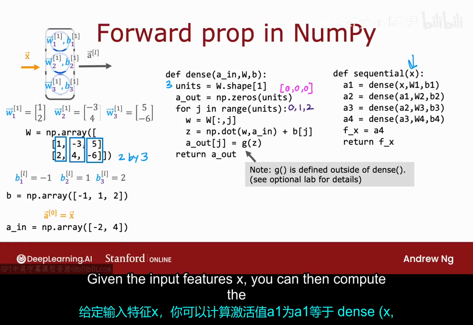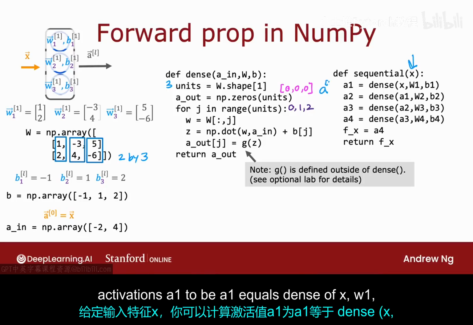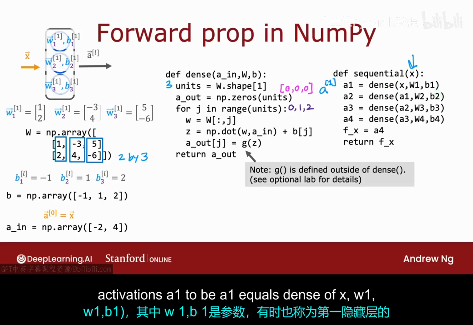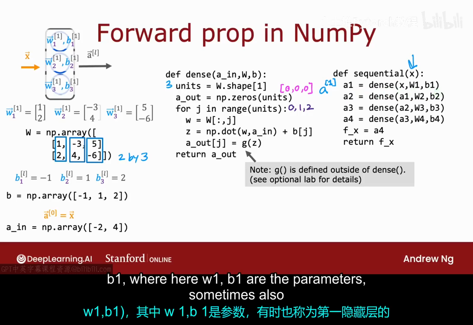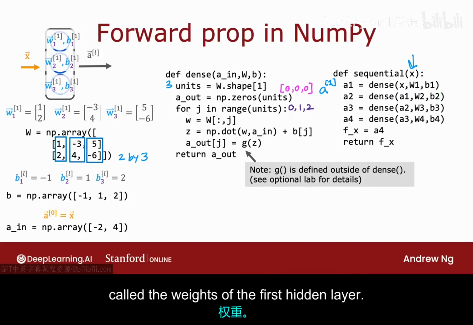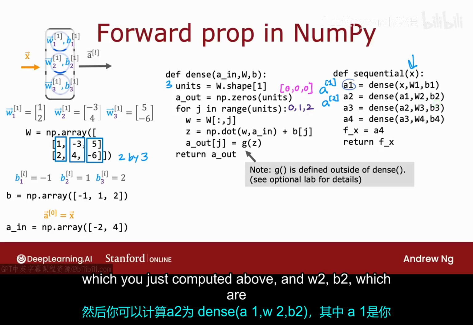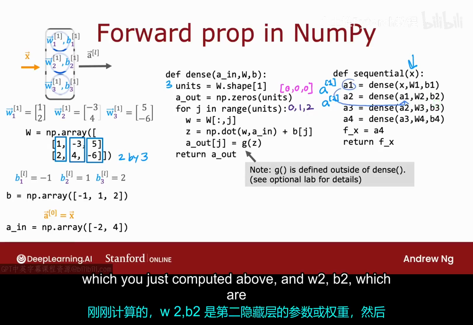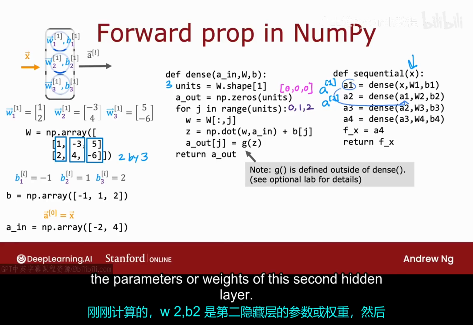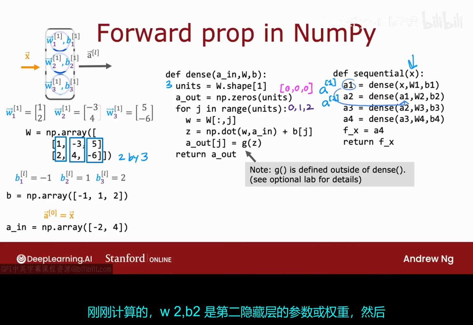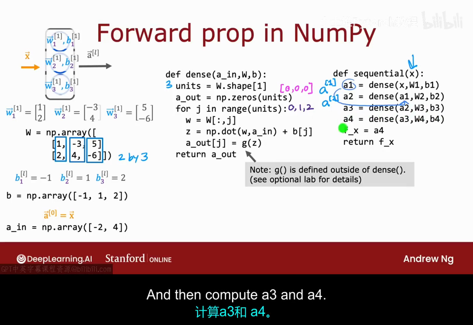Given the input features X, you can then compute the activations A1 to be A1 equals dense of X, W1, B1, where here W1, B1 are the parameters, sometimes also called the weights of the first hidden layer. Then you can compute A2 as dense of now A1, which you just computed above, and W2, B2, which are the parameters or weights of this second hidden layer, and then compute A3 and A4.